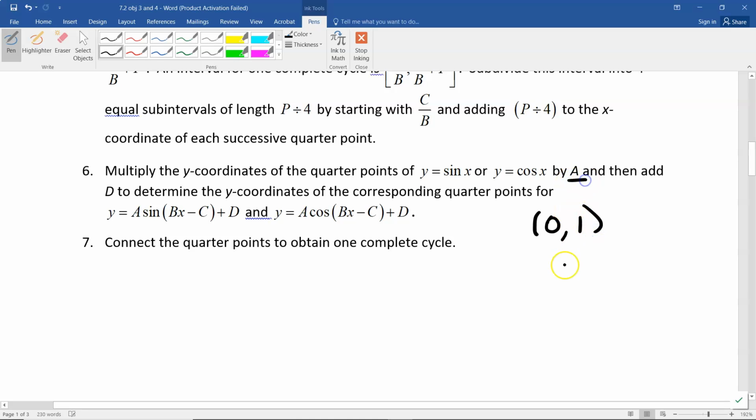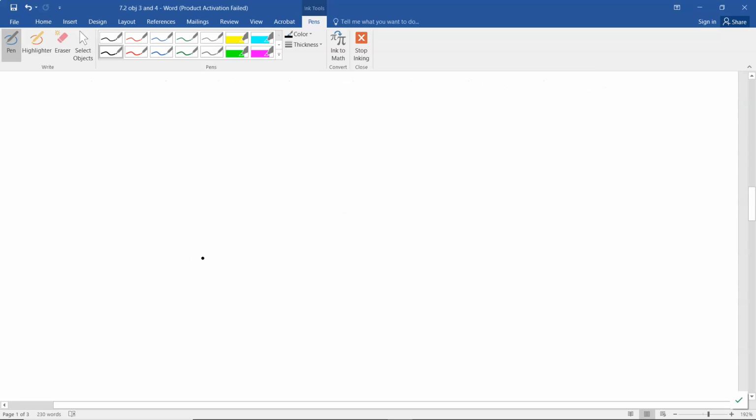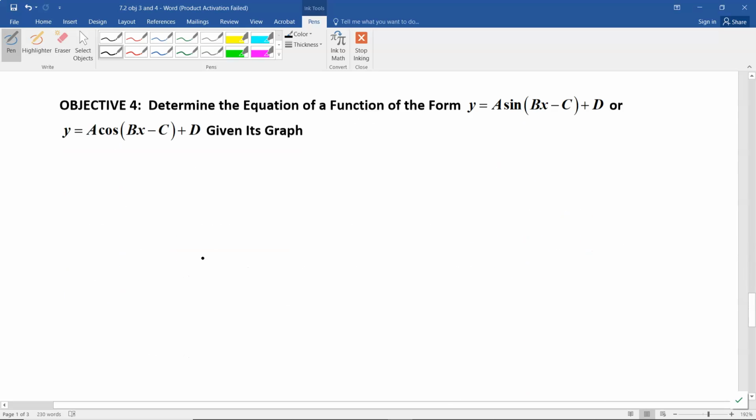And now we multiply this by our a factor and add d to that. So we're multiplying our y's by a and adding the factor d to it in order to obtain them. So let's just get into a concrete example so that we can really talk about this.